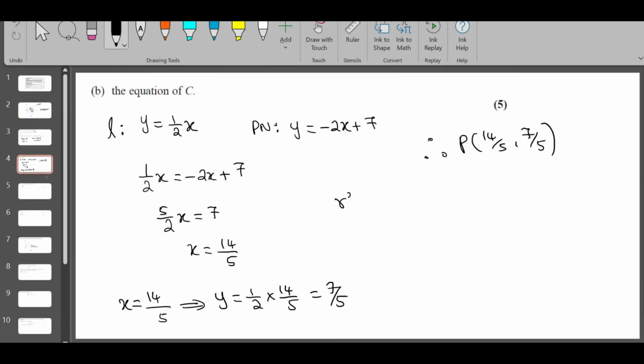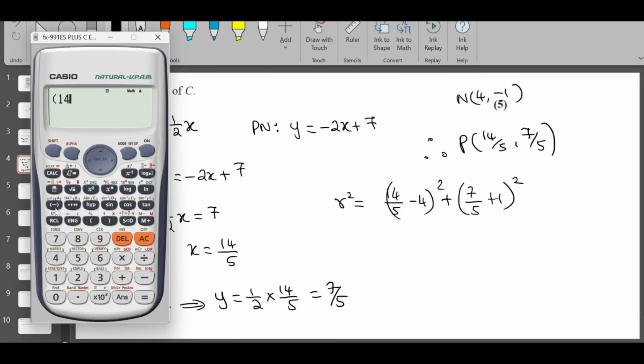r square is equal to, we have this point, we have N of 4, minus 1. So x2 minus x1 the whole square plus y2 minus y1, so minus of minus 1. Calculate this now. 14 over 5 minus 4 whole square plus 7 over 5 plus 1, that is 12 over 5, whole square.